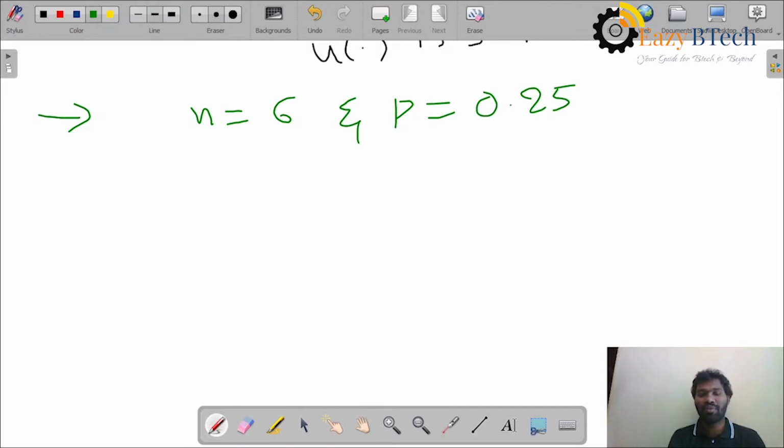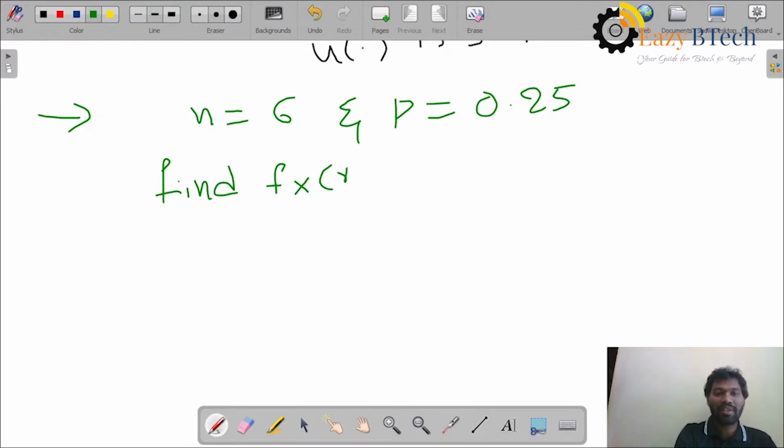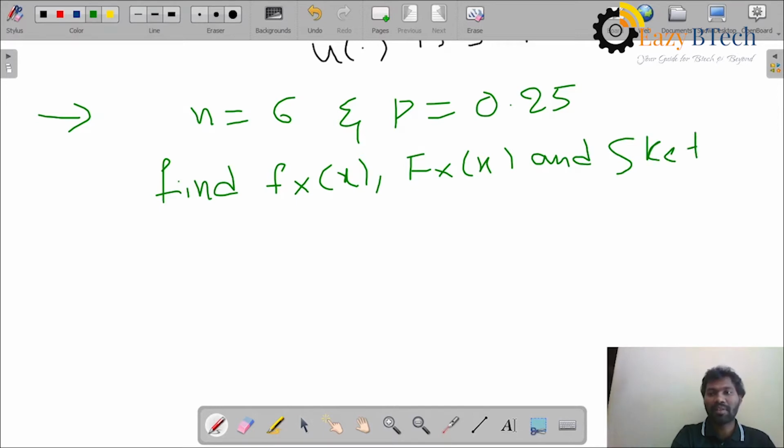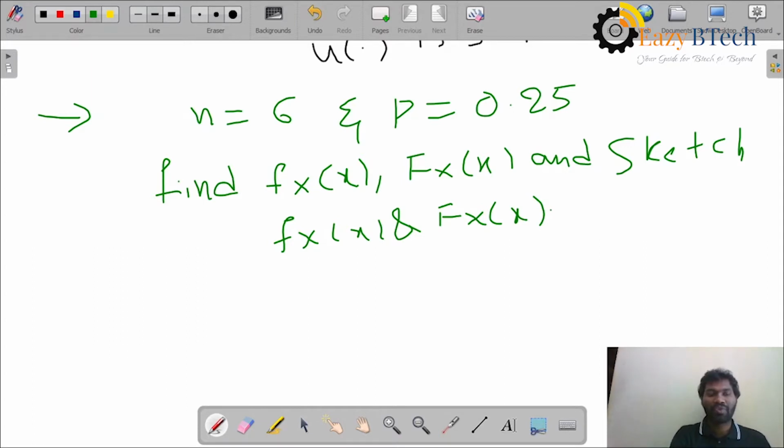What they ask you is to find the density function and distribution function, and sketch fx of x and capital Fx of x. So this is one of the problems on the binomial distribution.